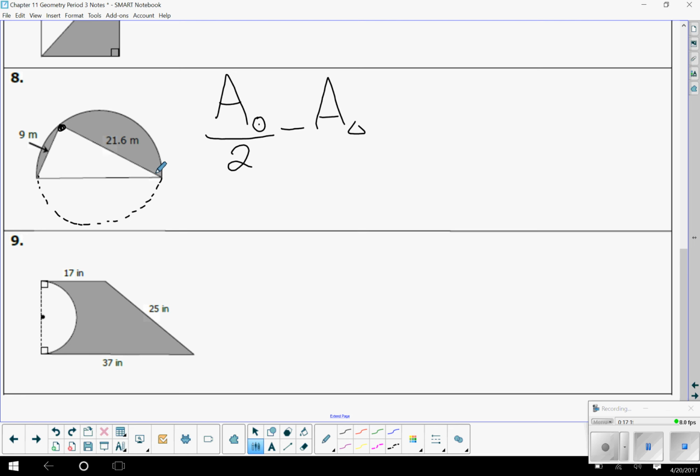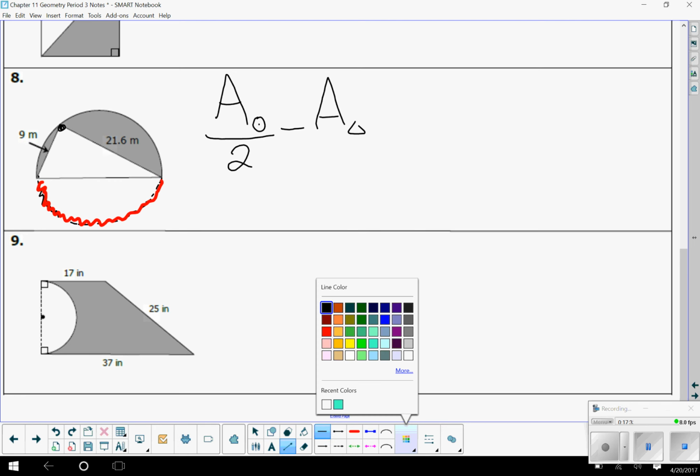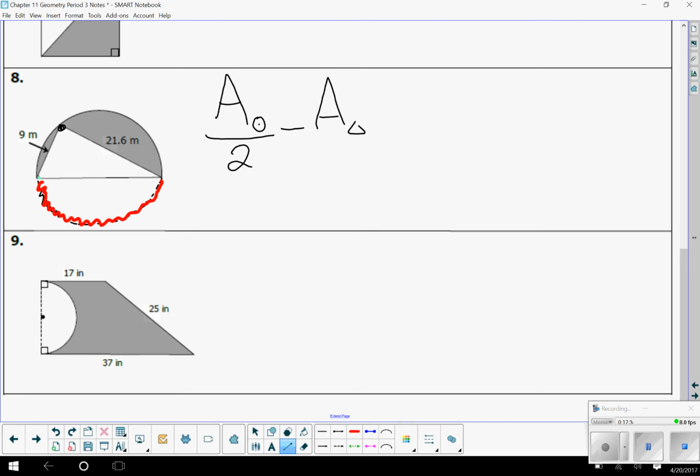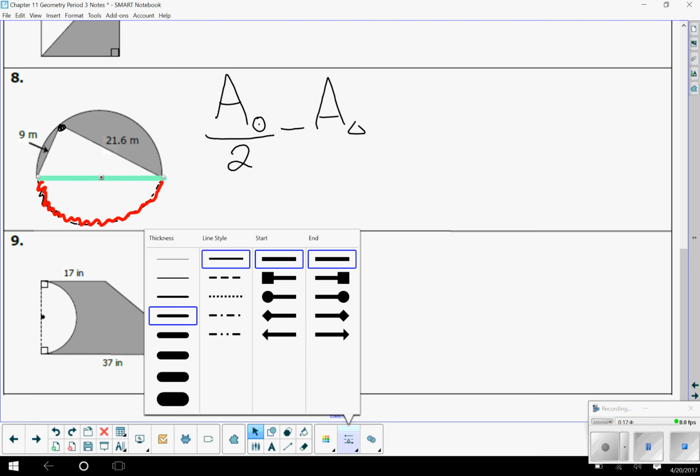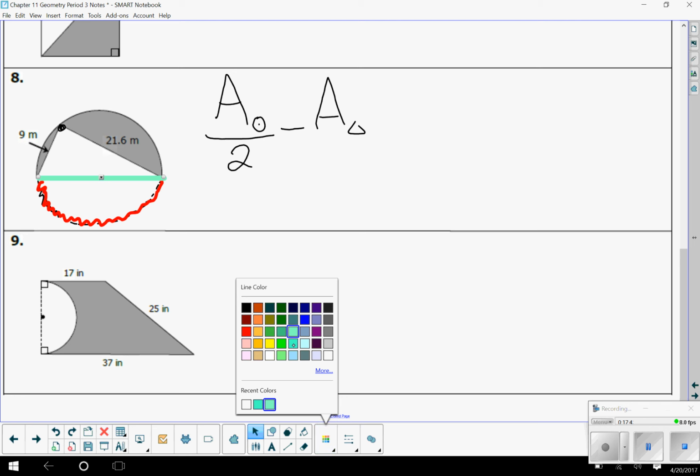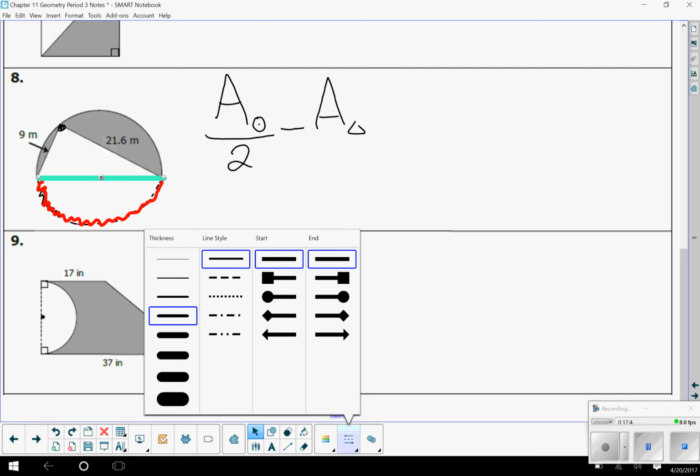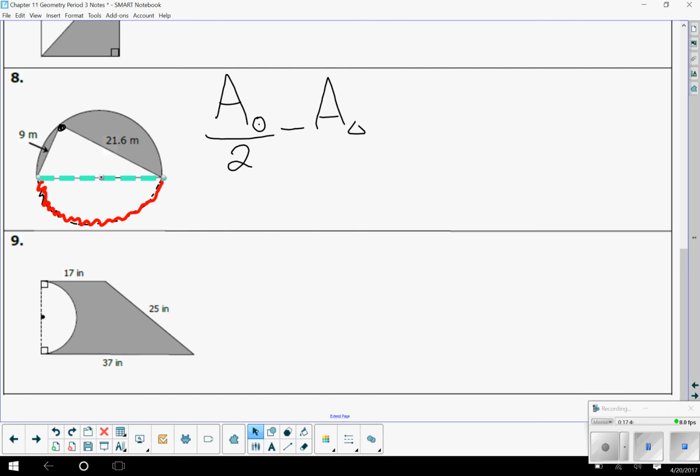This arc right here is 180 because this is your diameter. That guy's your diameter.